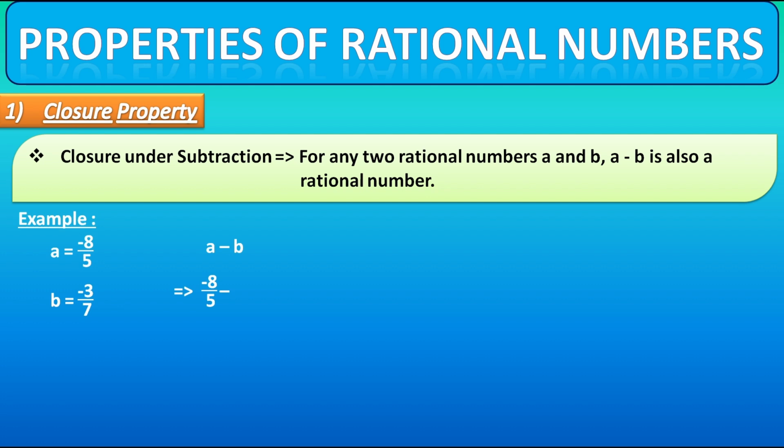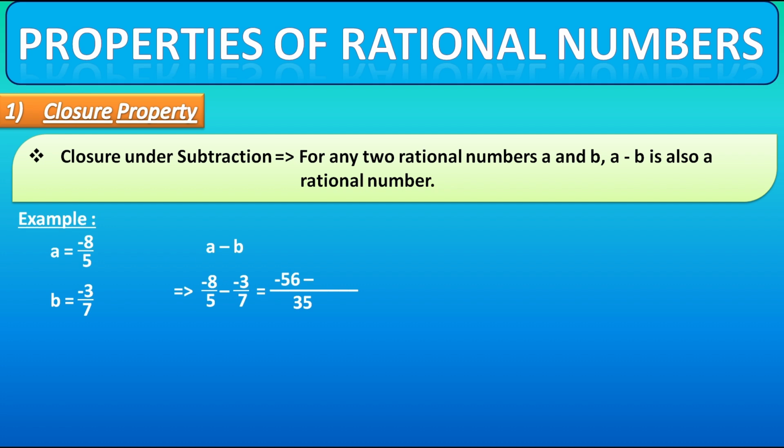As I told you, we have to use the rule of fractions for subtraction. Here the denominators are 5 and 7, so no need of finding the LCM. Directly we can multiply. 5 7s are 35. And now we have to multiply this minus 8 with 7, which gives the answer as 56, and in between we have a negative sign.